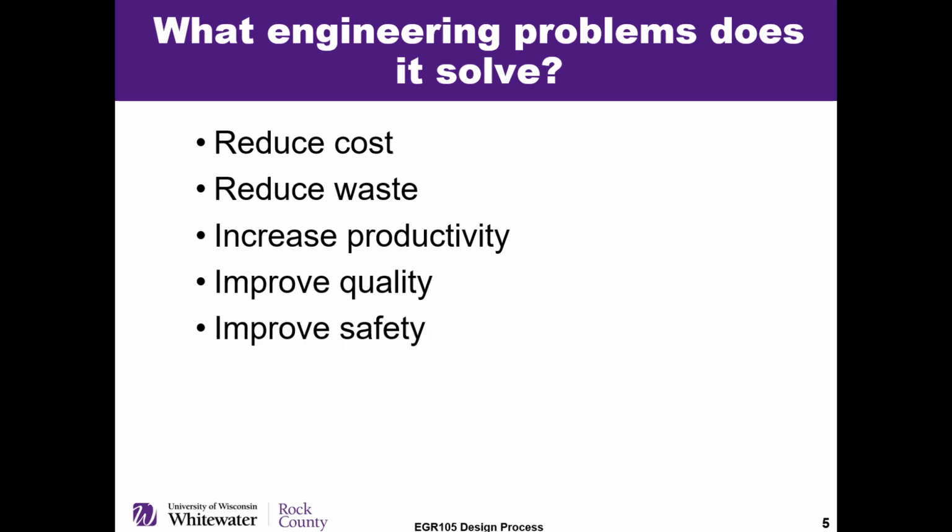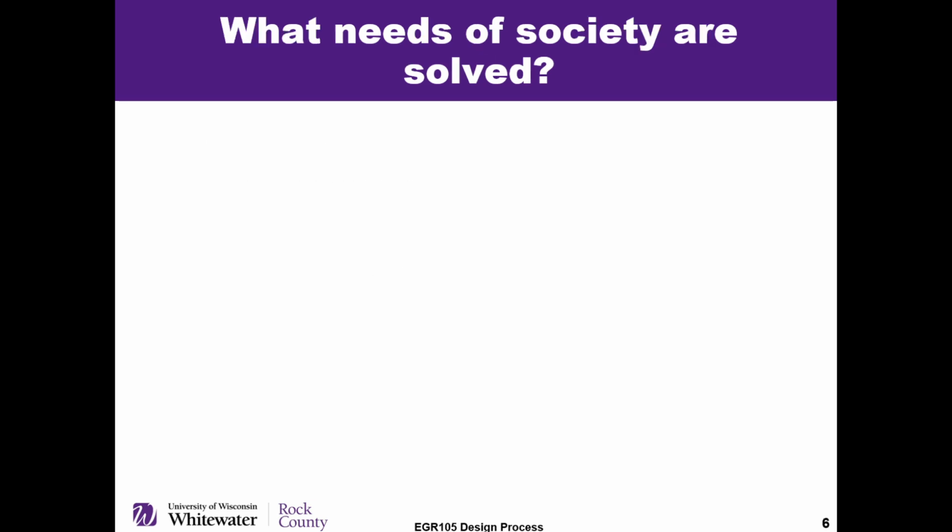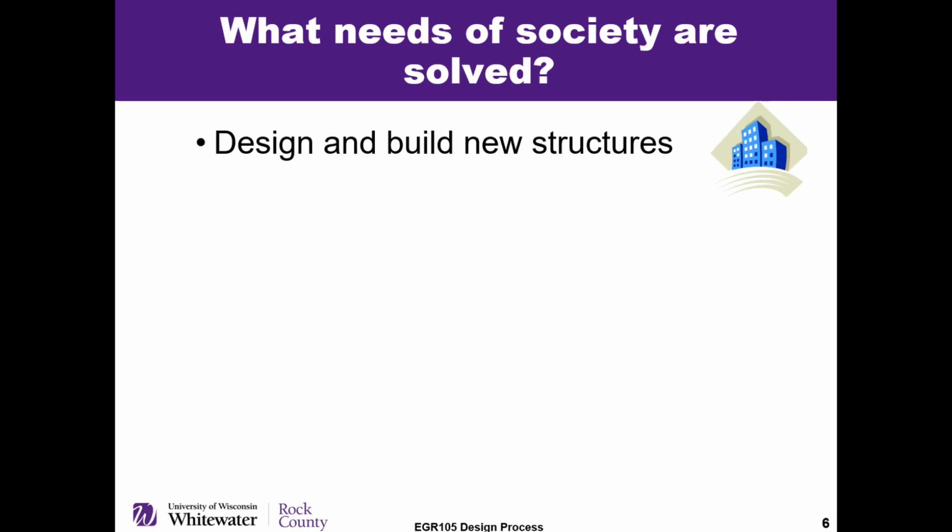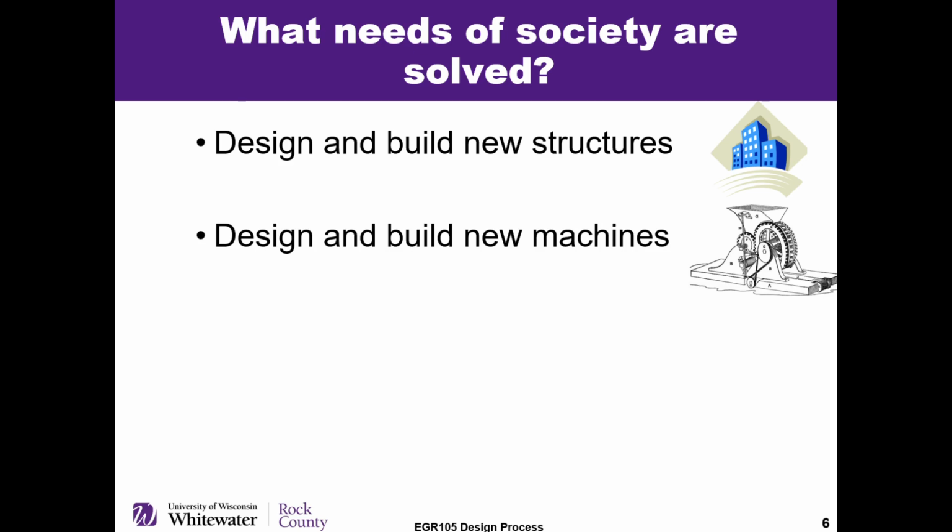And also we can use it to improve safety, which are some of the main things we can look at. So where in society does the engineering design process solve problems? If you're a civil engineer, you can use it to design new buildings and structures. You can use it to design new machines or equipment, maybe as a mechanical, even electrical engineers would do that.